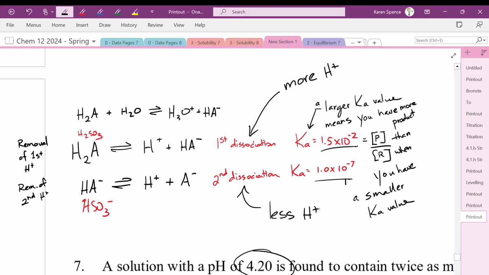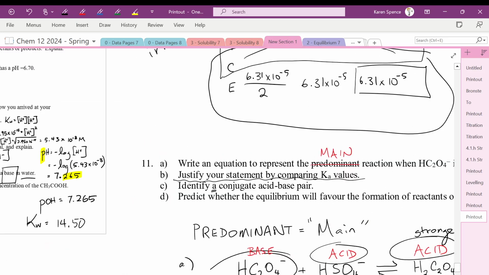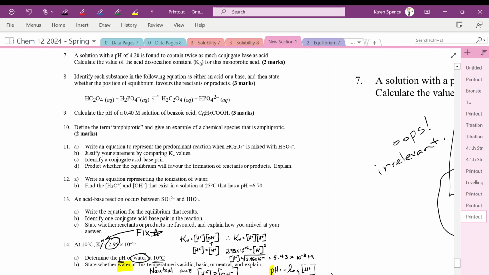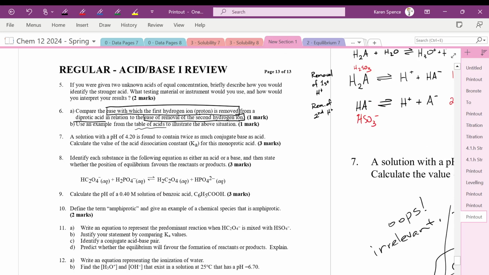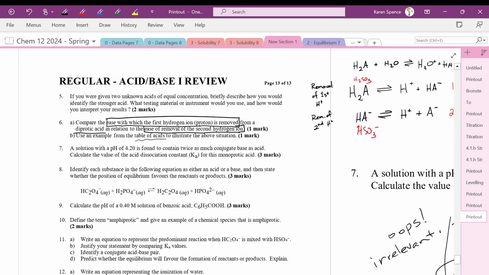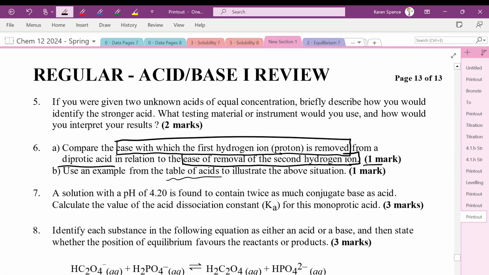Now, shall we see if we can express that in a better way than my scribbled notes? Let's do that. Our question says, actually, look at that, it's only 1 mark for that first part. So you don't need to explain it at all.